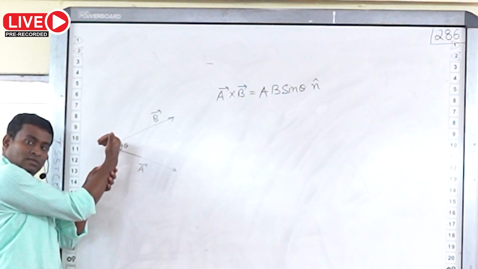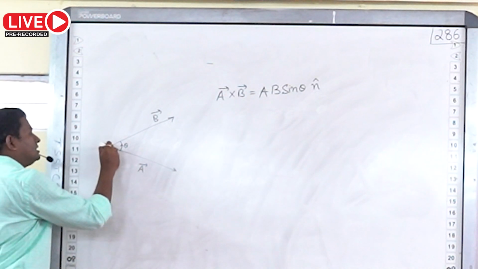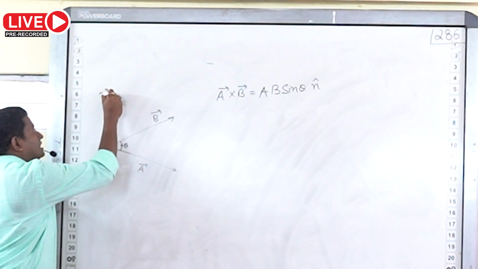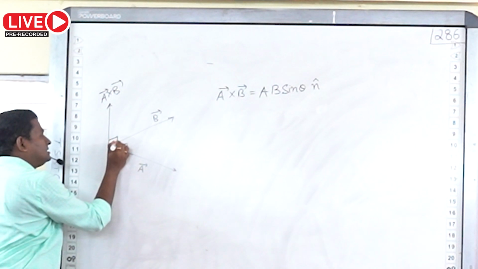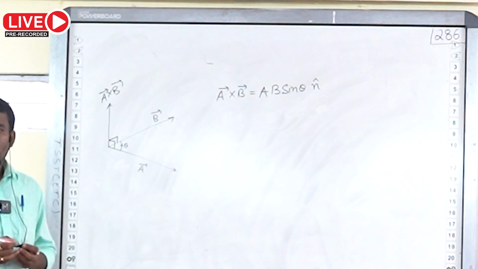Clear? So in the two-dimensional case, A cross B is shown like this, and to produce a 3D sense we can use this type of symbols.